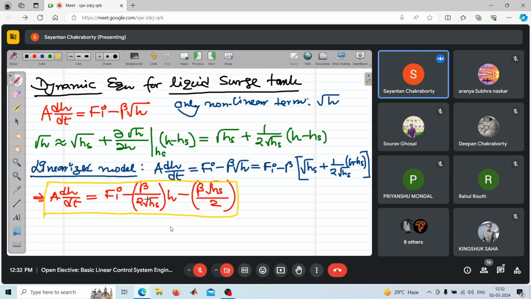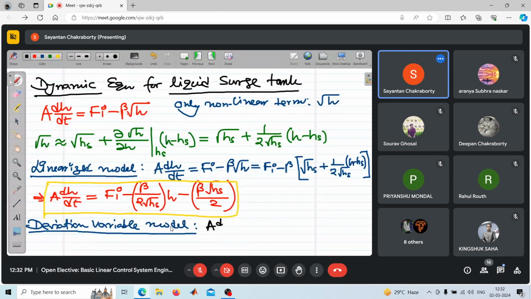Okay. So further, if you want to find the deviation variable model, what you can write at steady state, or in terms of deviation variable, h can be represented as h minus hs.